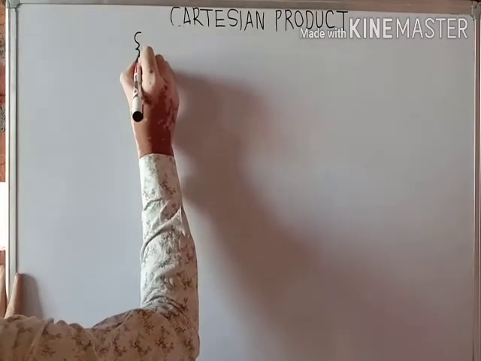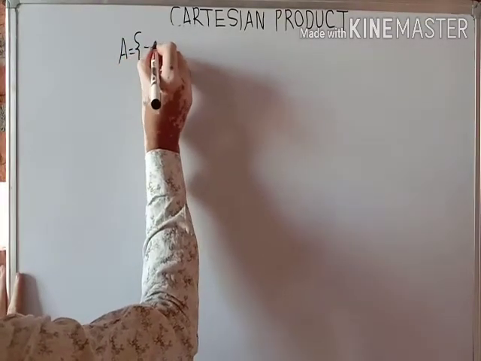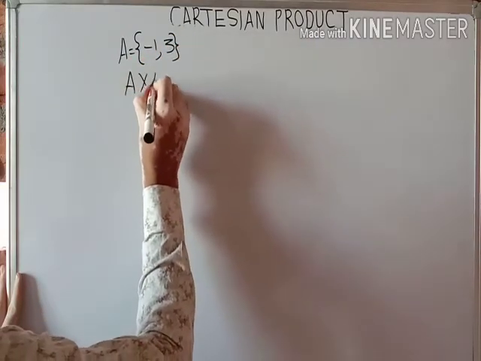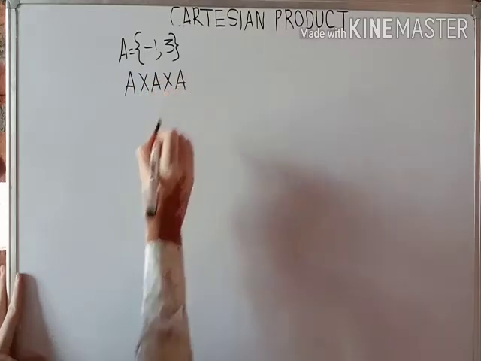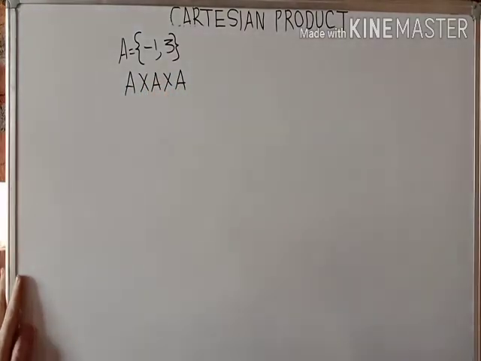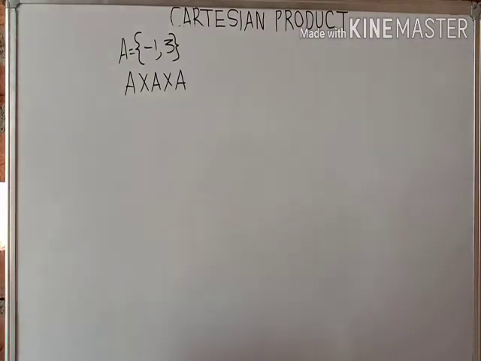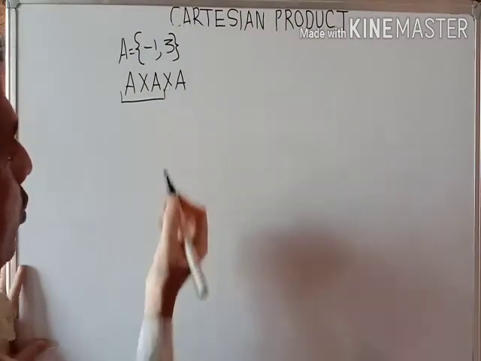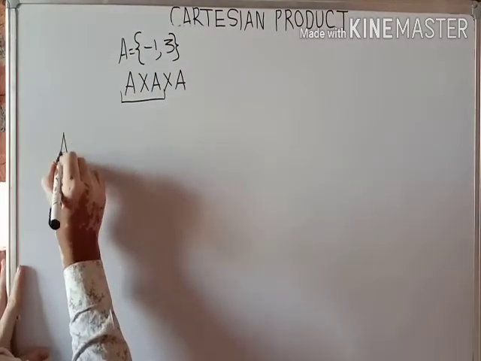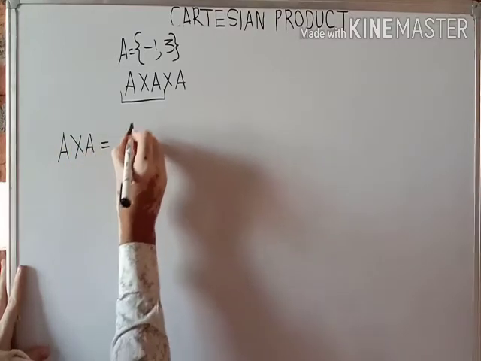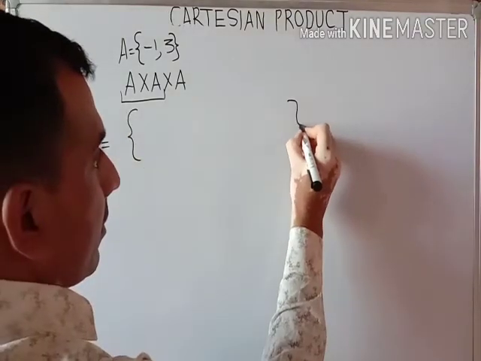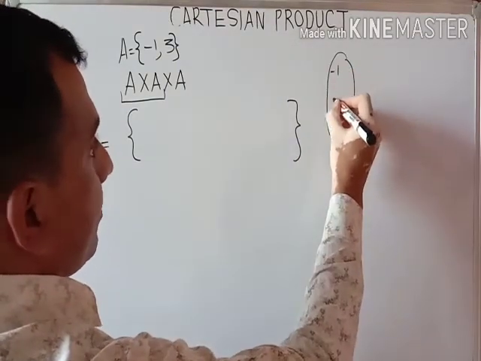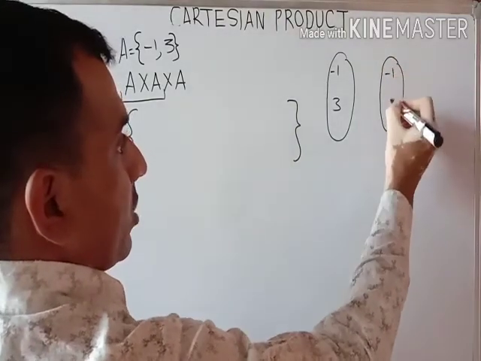Suppose we have taken set A with elements -1 and 3, and we want to find A cross A cross A, I mean the Cartesian product of 3 sets. In this case, first you find the Cartesian product of any 2 sets. Let us work for A cross A with the help of a diagram, with -1 and 3.